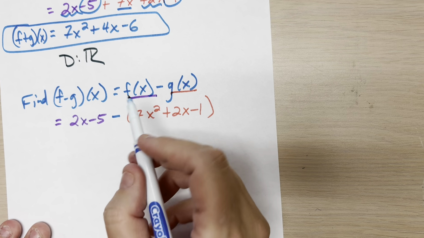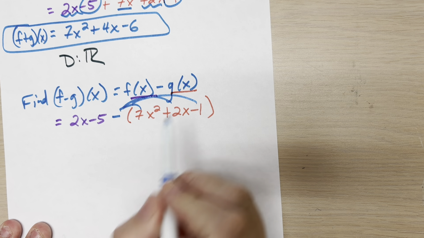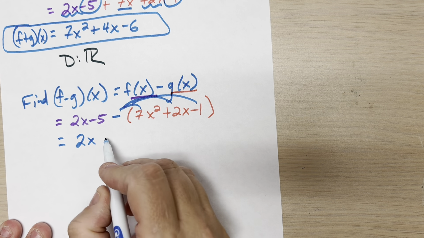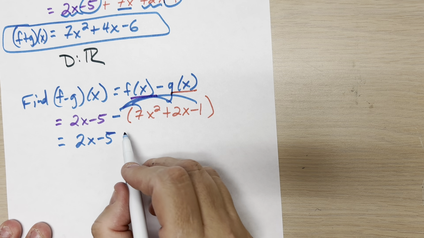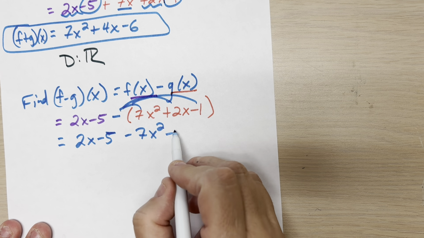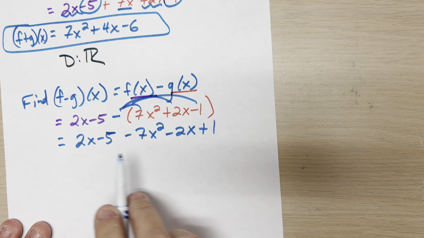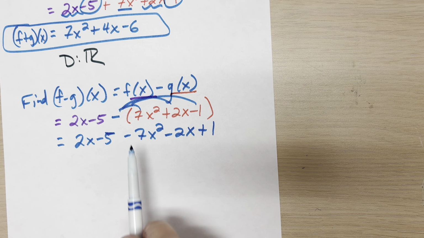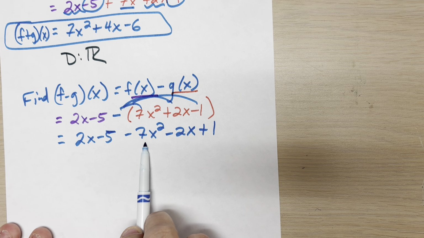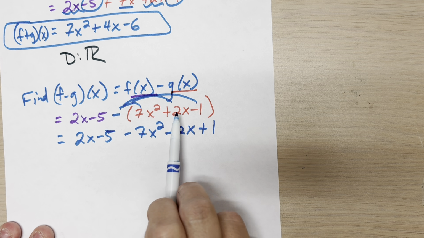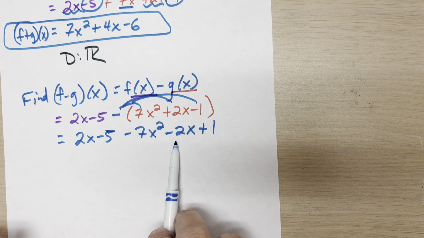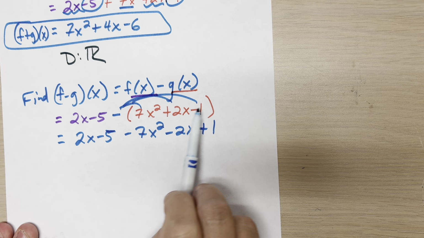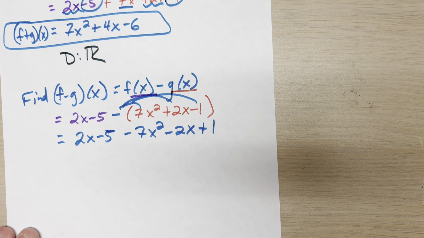The negative is going to get distributed through, which essentially changes all of the signs. So negative, this is like a -1 out here, times 7x squared changes it to a -7x squared. Negative times positive 2x is -2x. And at the end, negative times -1 is +1.